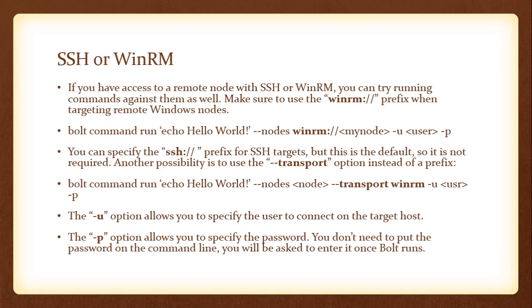Now you have to have this enabled in Windows, so that's an entirely different lab that we have to set up. Now you note here that they're running the bolt command run, single quote, echo hello world, exclamation point, single quote, --nodes. Now nodes is no longer supported. This command would be changed to --targets.